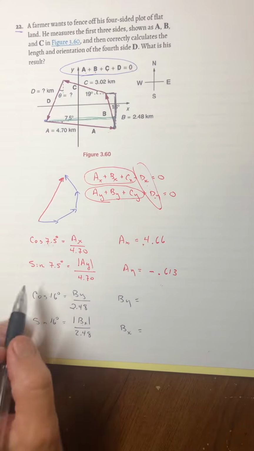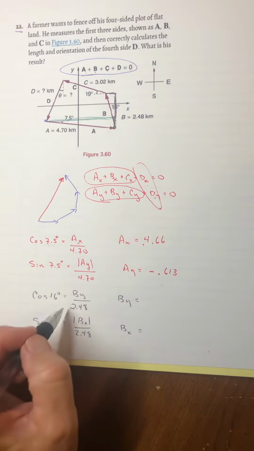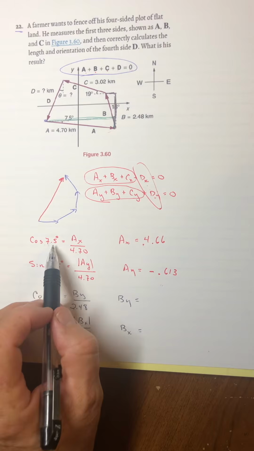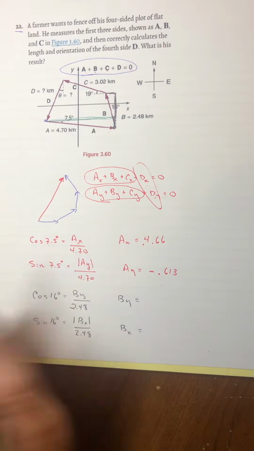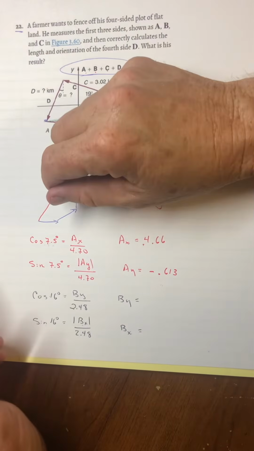Because measuring from the vertical, adjacent is the y-axis, or the y component. And then if the angle's measured from the x-axis, then the adjacent is the x-axis. And that's the most common way you've seen it. And that's how you treat beginning students. But, you know, you're not beginning anymore. You've had trigonometry a long time ago.